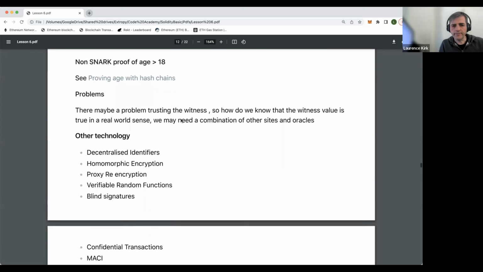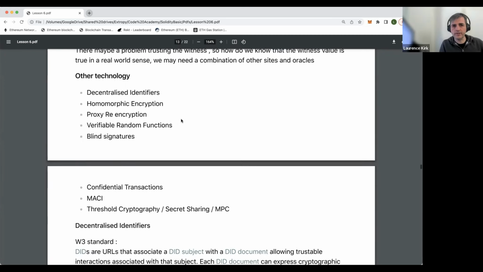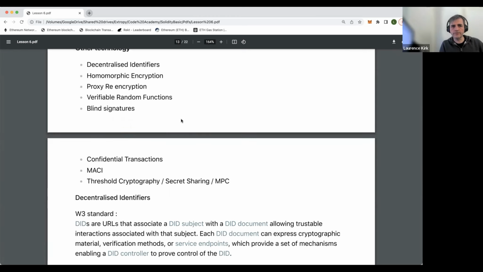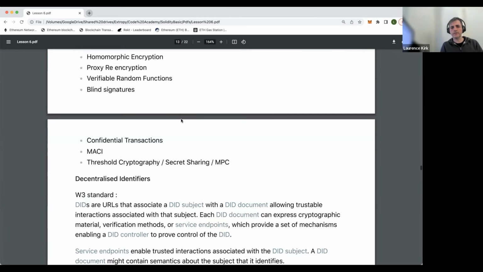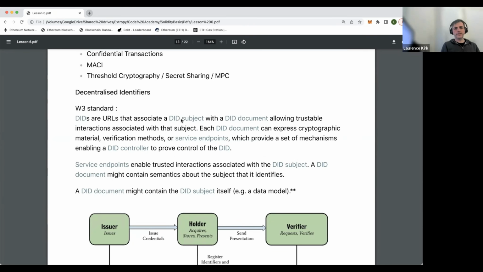So yeah, the other technology I want to talk about now, I've got a bit of time left. I'll start off with things called decentralized identifiers. And these are in the identity space. So perhaps a similar or an alternative to zero-knowledge proofs in that way.